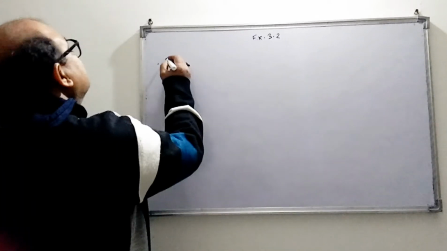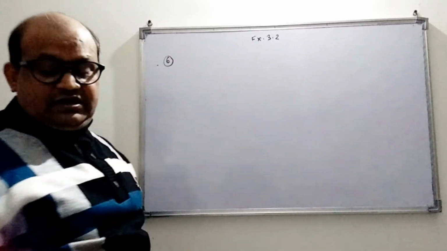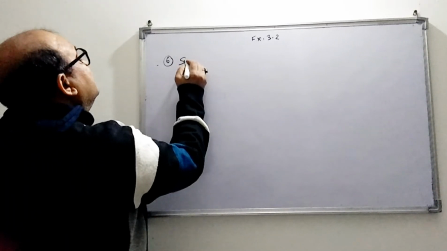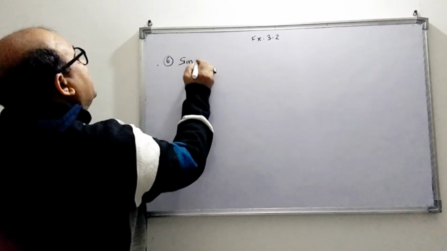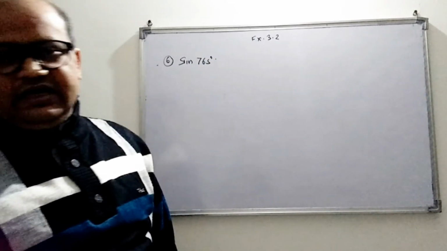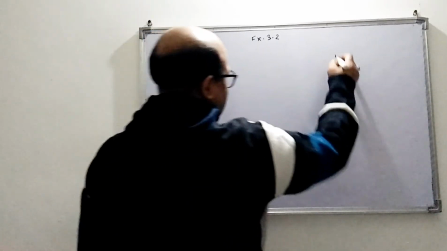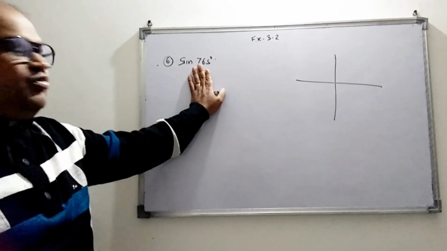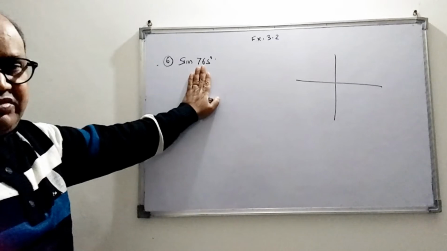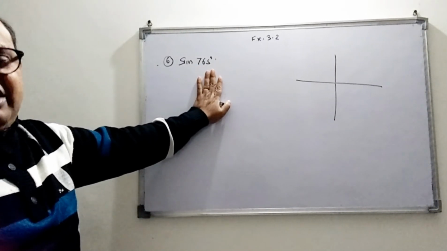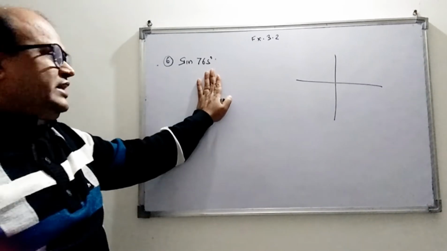Next, question number 6. It gives sin x equal to sin 765 degree. You have to find out its value. Now see here, if you are getting more than 360, or more than 180, then take it in terms of pi or a multiple of 180.